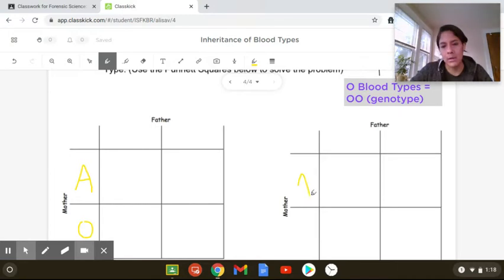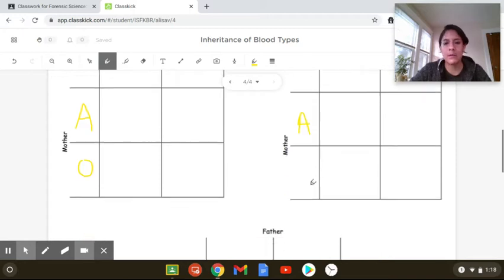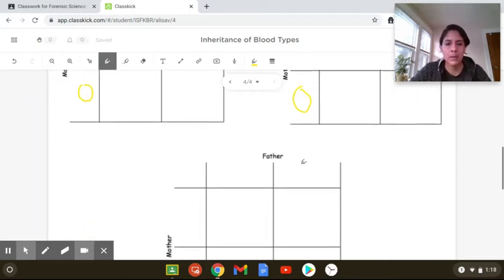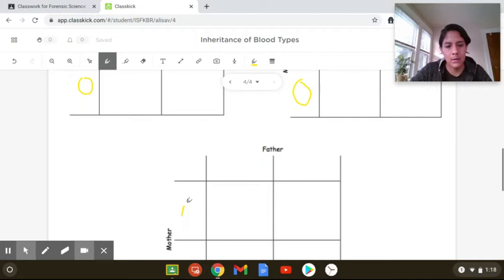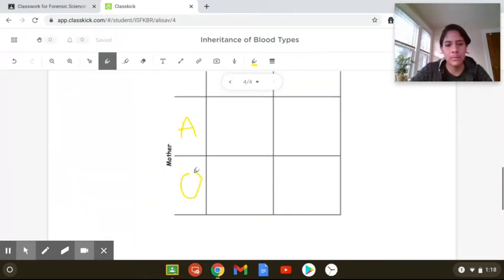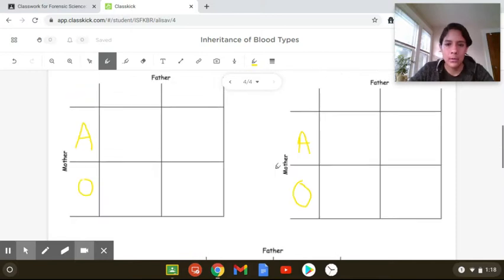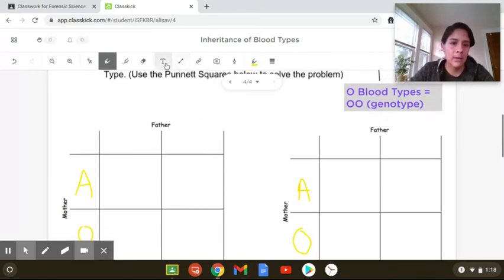Right here, another A and another O. Here, another A, and an O. All right. So those are the first. That's how I would start this.